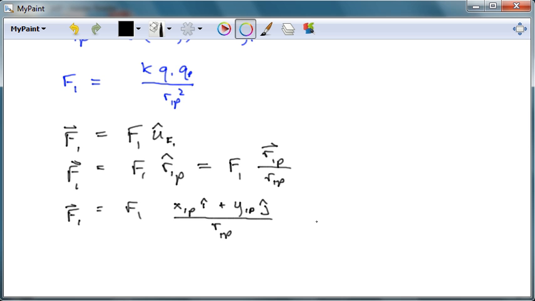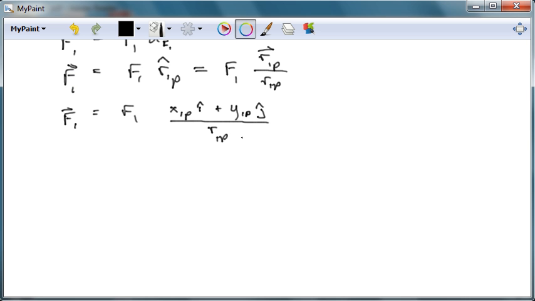Alright, so we got the vector F1 is equal to F1 times X1P over R1P times I plus Y1P over R1P times J.